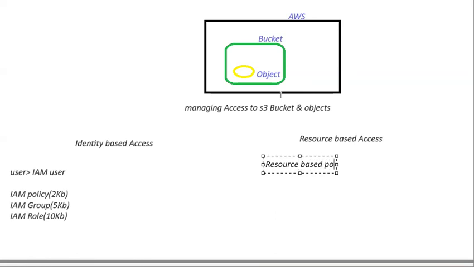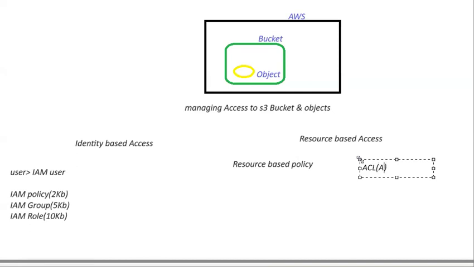By using this policy, we can provide access to any user, or else we can even use ACL. What is this ACL, sir? This ACL is access control list. By using this access control list also, we can provide access to our resources in our bucket.